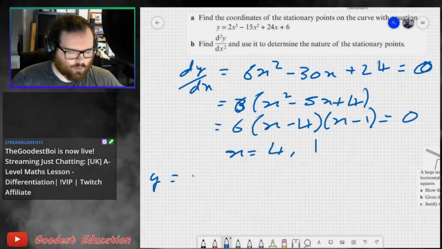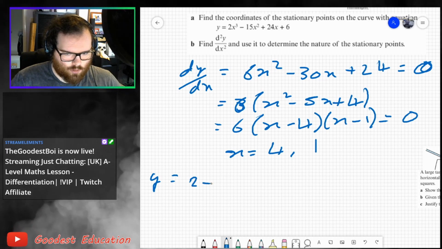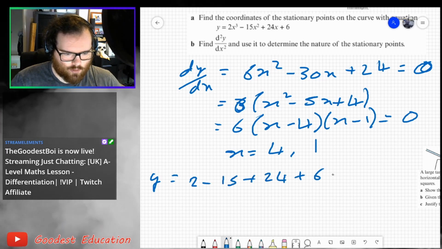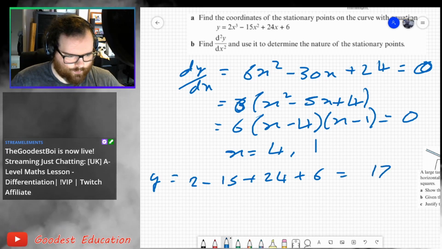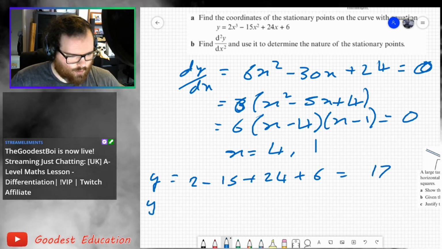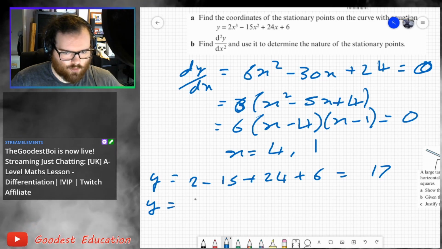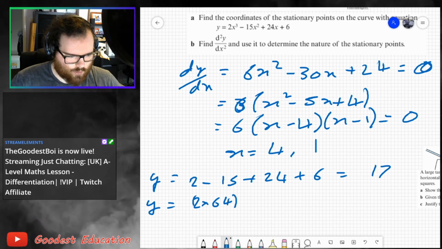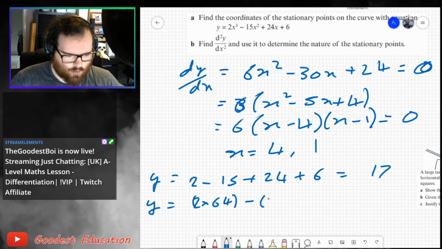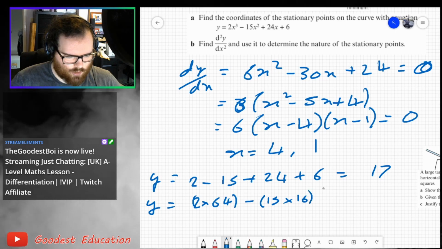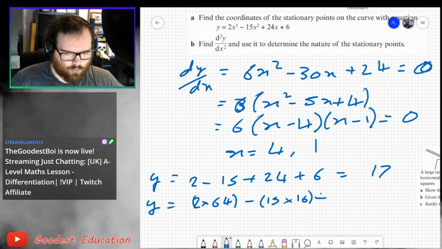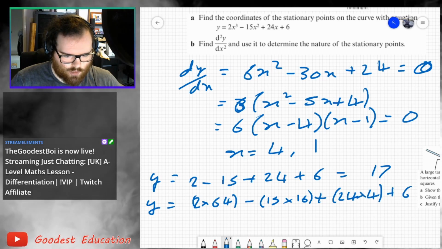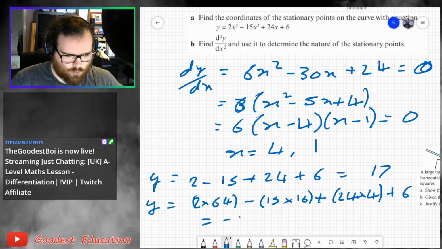So when x is equal to 1, we're going to get 2 minus 15 plus 24 plus 6, which is equal to 17. And then when x is equal to 4, we're going to get 2 times 64 minus 15 times 16 plus 24 times 4 plus 6, which is equal to minus 10.